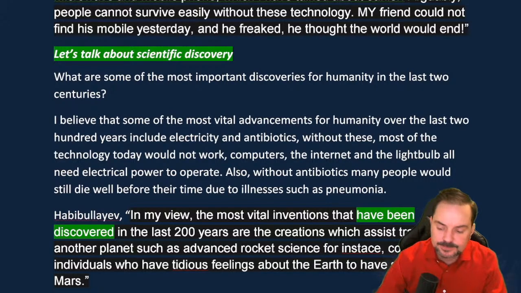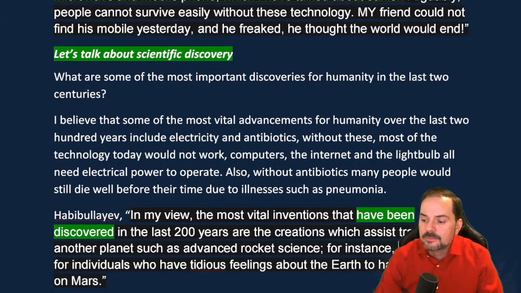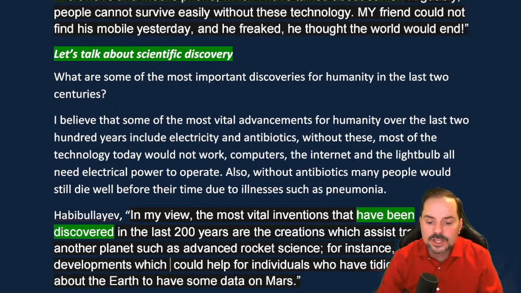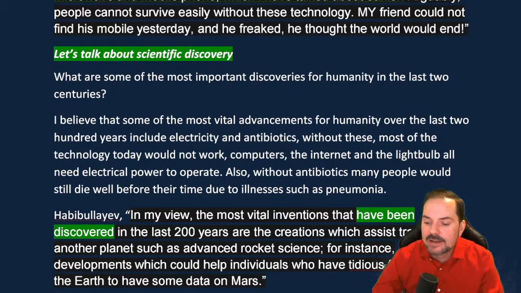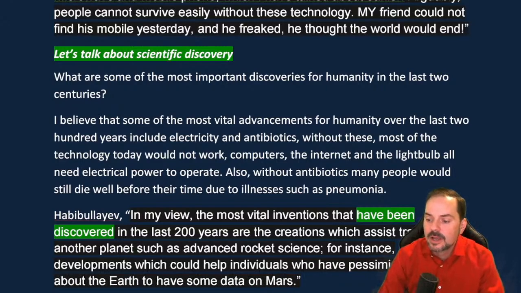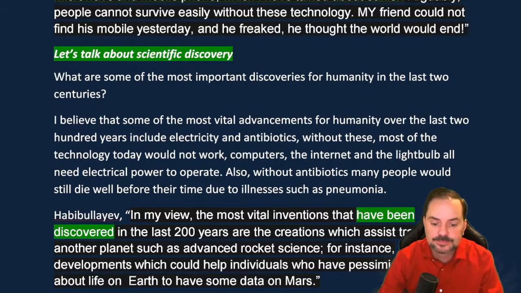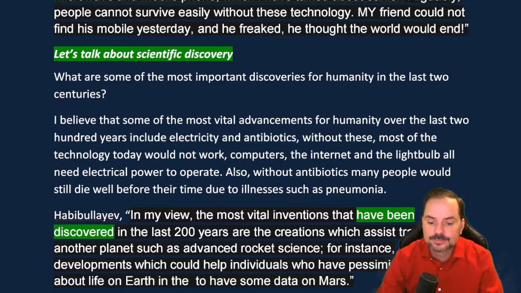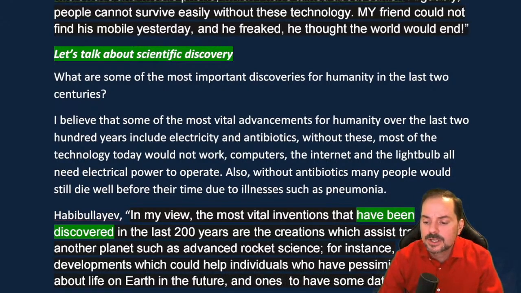For instance, developments which could help individuals who have pessimistic feelings about life on Earth in the future. And ones that give data on Mars.